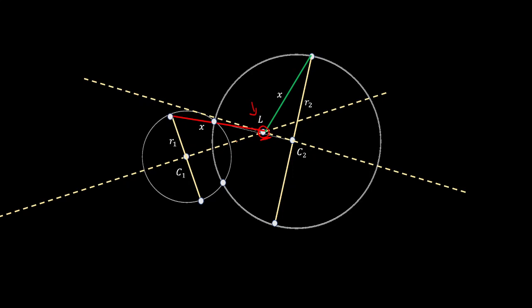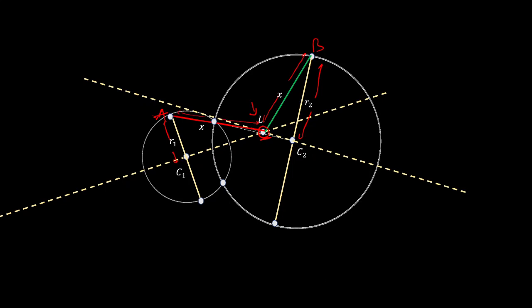And then you can see that these 2 points, let's call them A and B. So you have this radius r1 and this radius r2, and this distance as x, and this distance as x also.